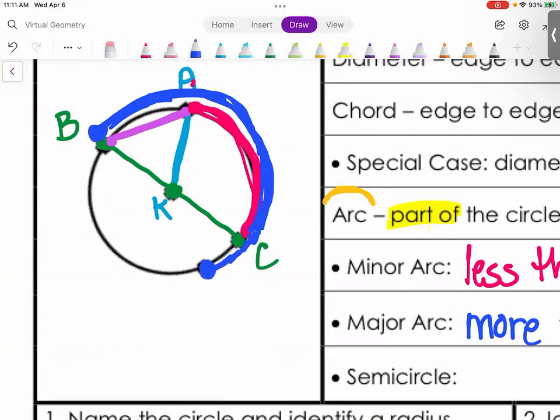So let's say we take this other point that's here, and let's say we call that point D. So if I go from B through A, around to C, and then stopping at D, now I've gone more than halfway. So we have to use the B and the D here for our angle, for the arc. The middle letter, you can choose which one you want.